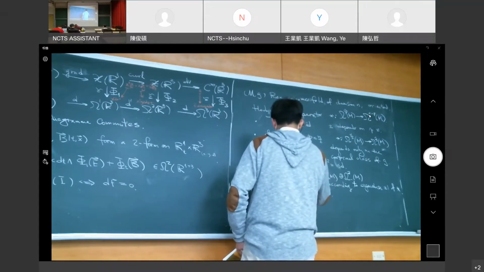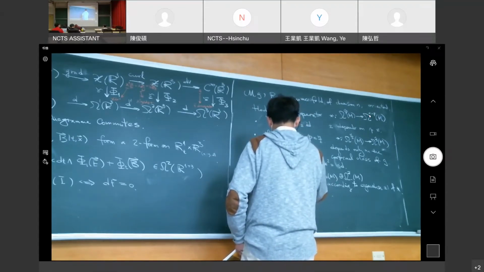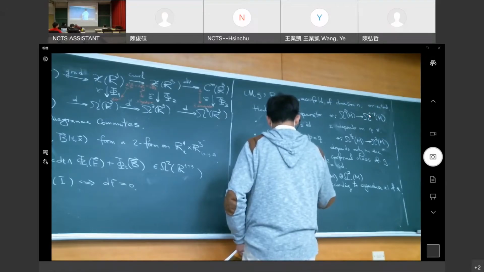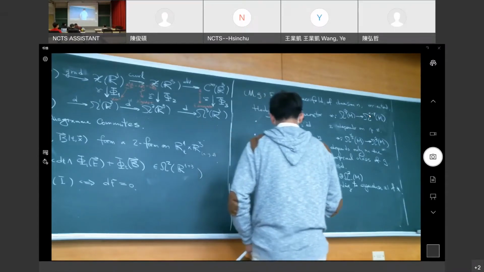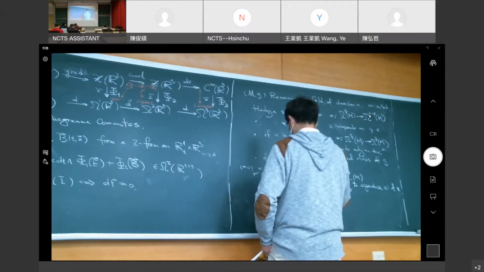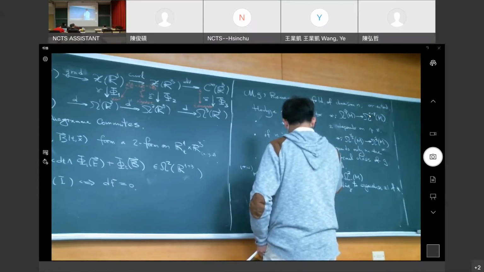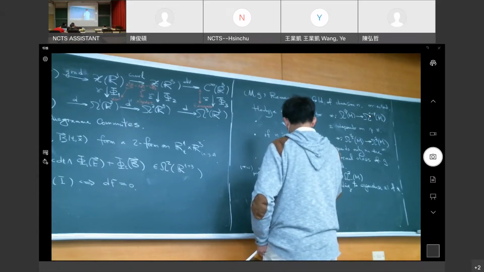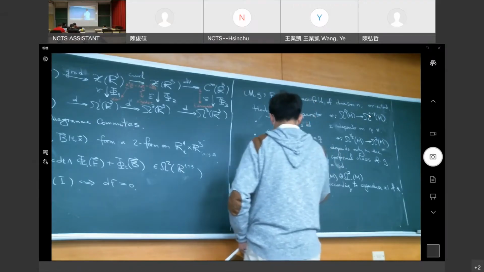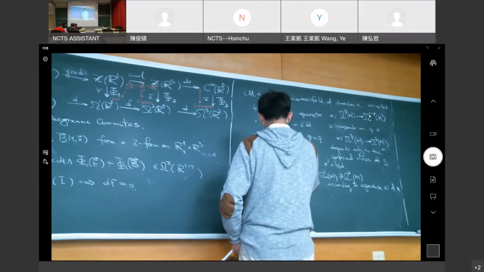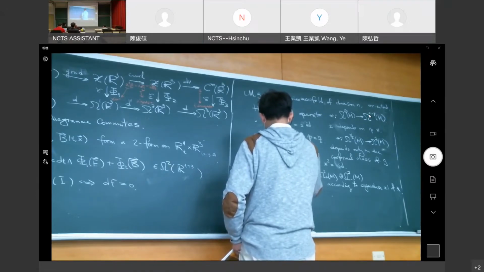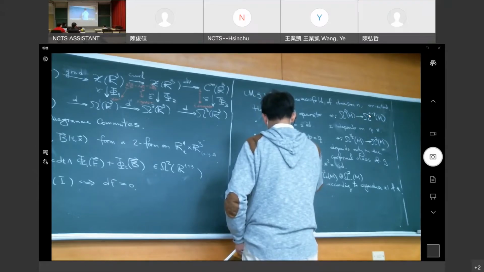Not exactly. Let's say epsilon mu nu lambda rho, times omega alpha beta, and then I have G inverse, which is lambda alpha, and then G rho beta.